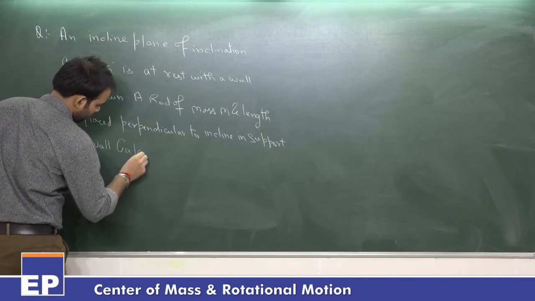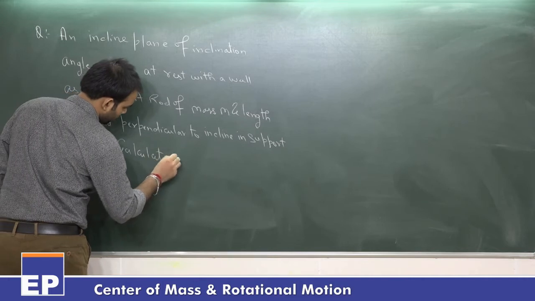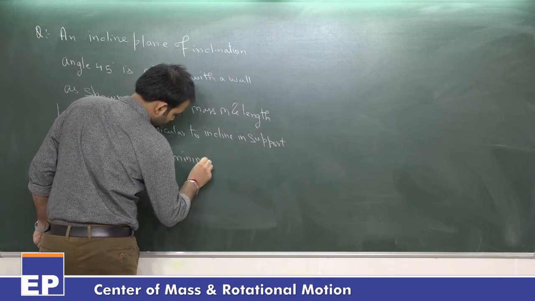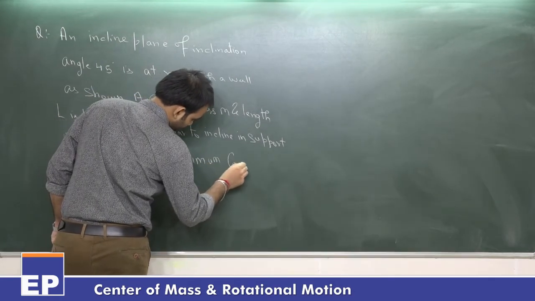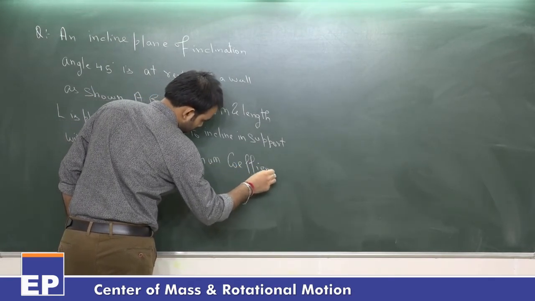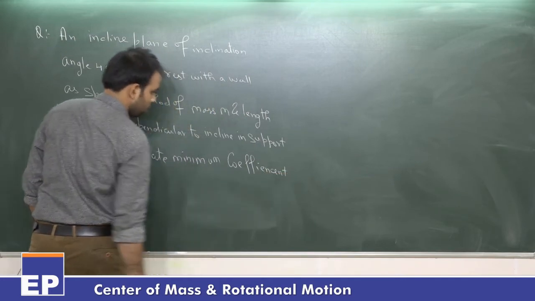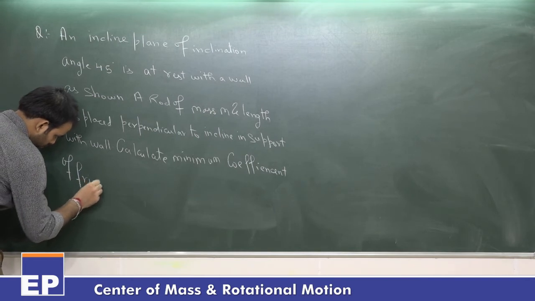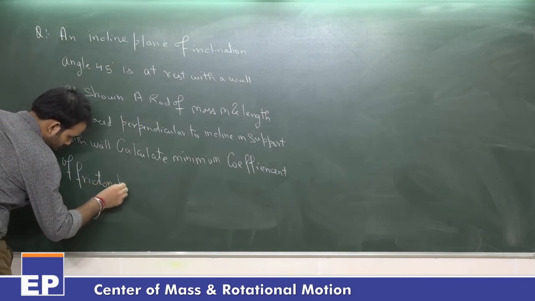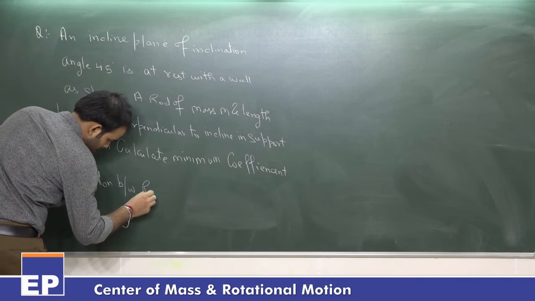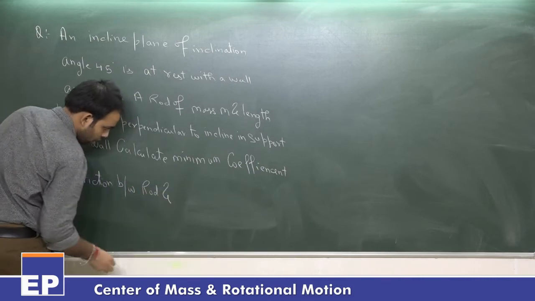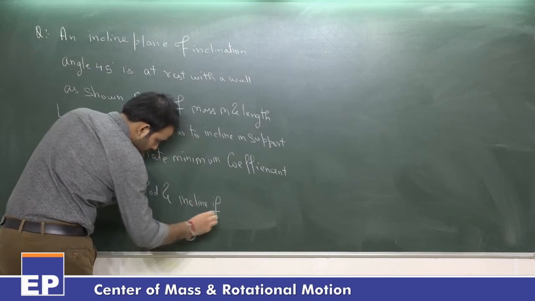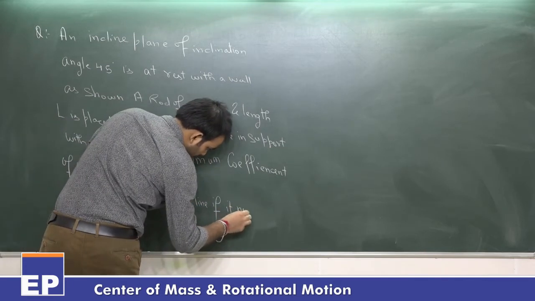Calculate the minimum coefficient of friction between the rod and the incline if it does not slip.